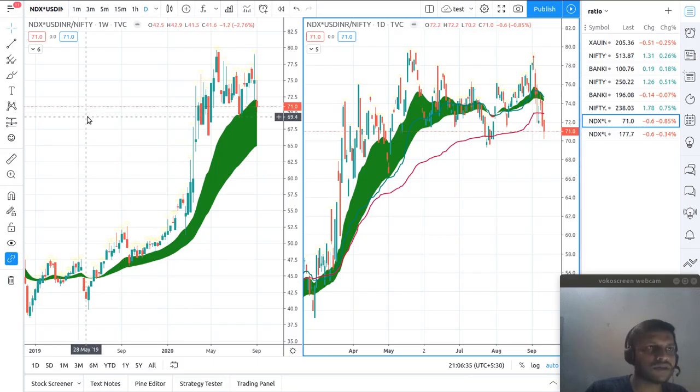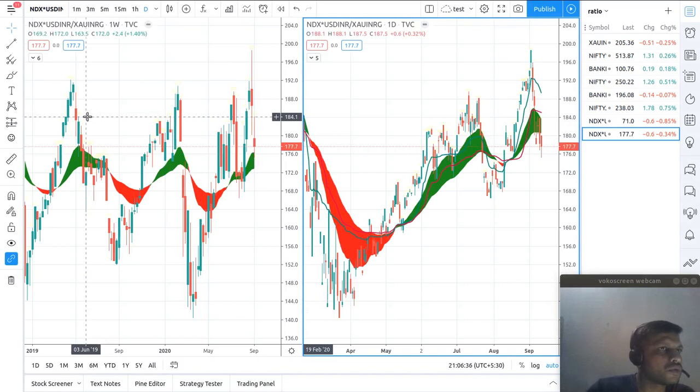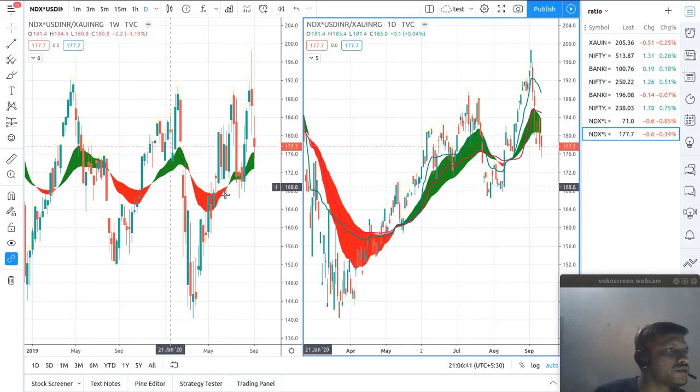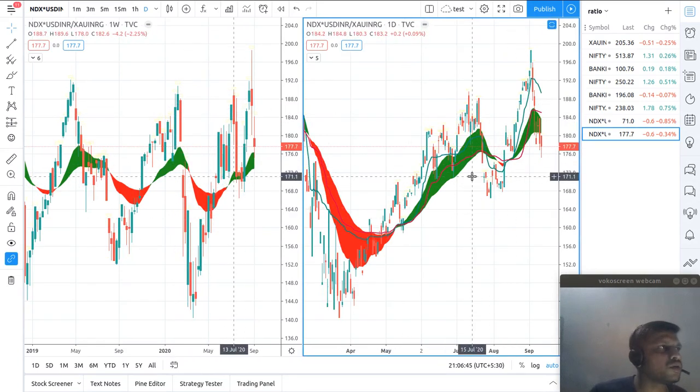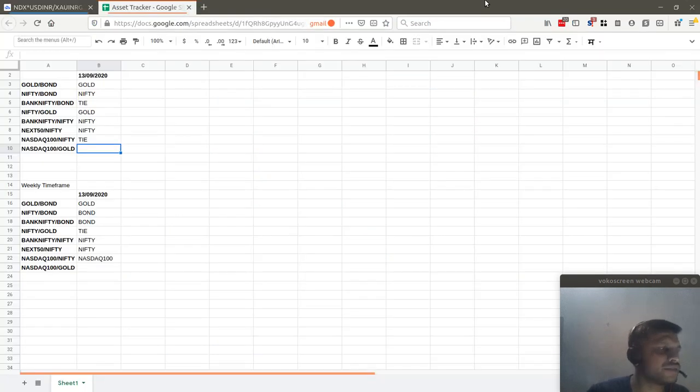And when it's Nasdaq versus gold, the weekly time frame is full of fluctuations over here. No clear side, and so is here. So let's make it a tie on both the time frames.